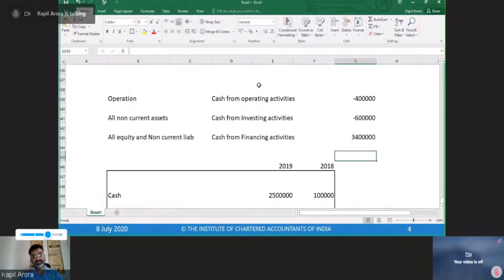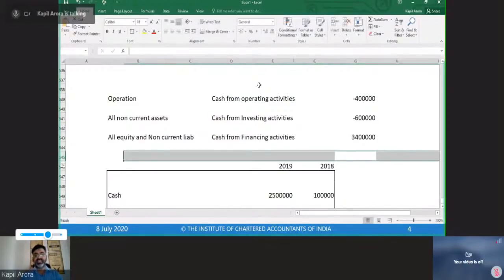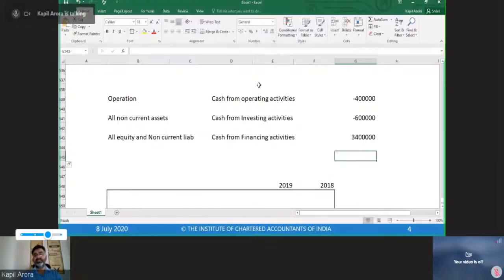By doing this, what is the change which has happened in my cash flow statement? The change is the net cash movement. Net cash movement is 24 lakh.